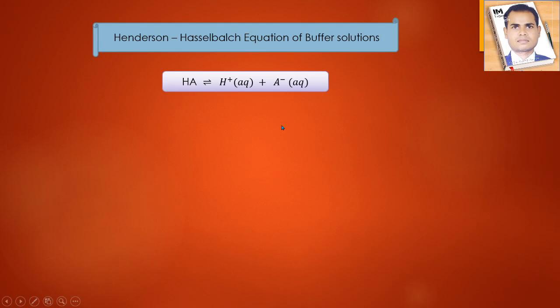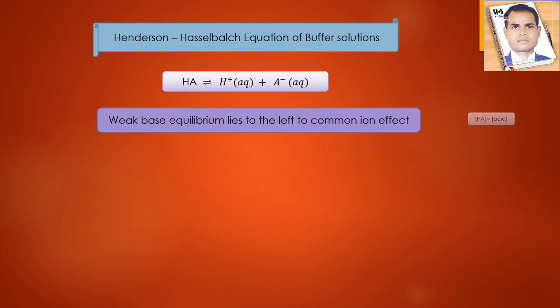The weak acid equilibrium lies to the left due to the common ion effect, hence the concentration of HA equals the concentration of acid.